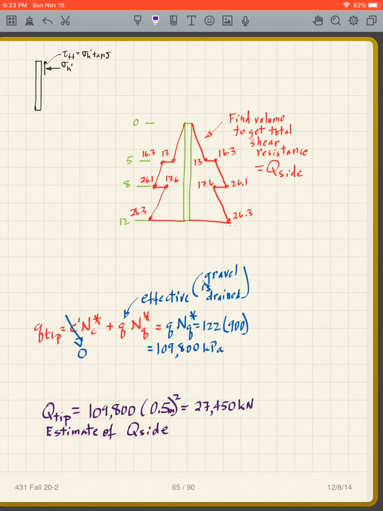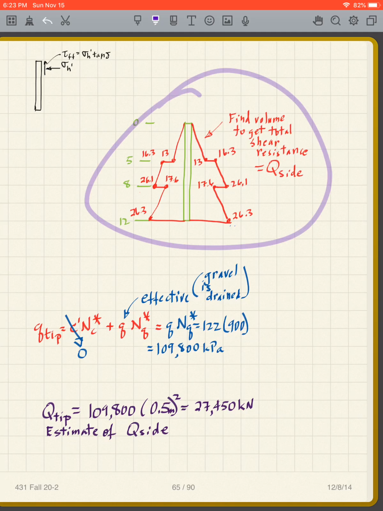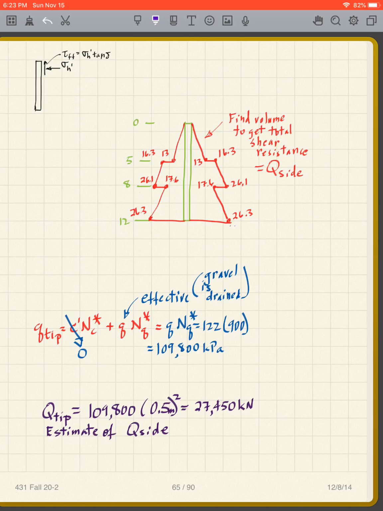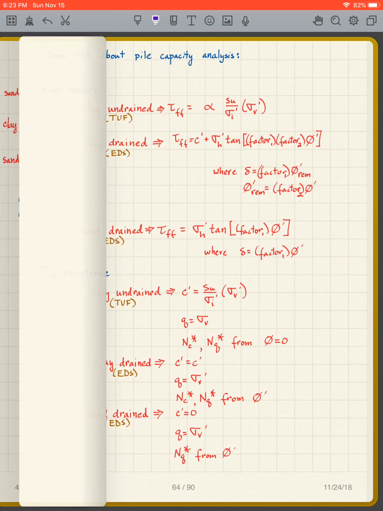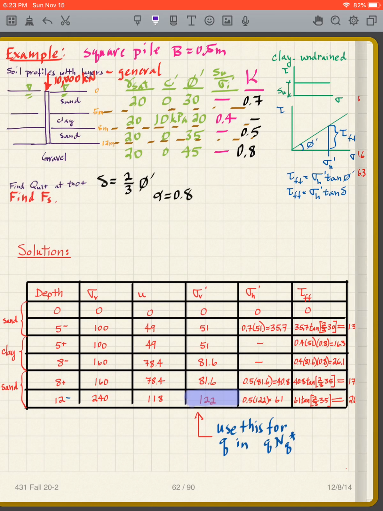And so back to our example, this is our Christmas tree, in a sense, that we have to get the volume to find the total side resistance. I'm going to leave that for a second, and then we're going to get our tip resistance. Well, remember, the tip is in gravel. So if we look back, that's what we pay attention to when we do the tip.